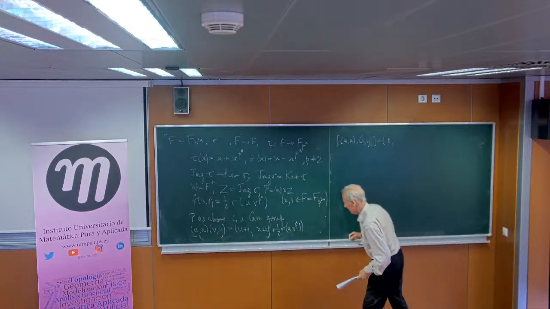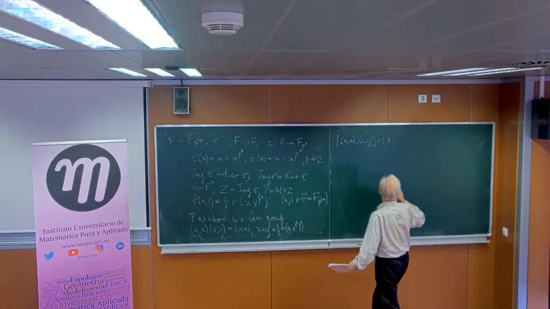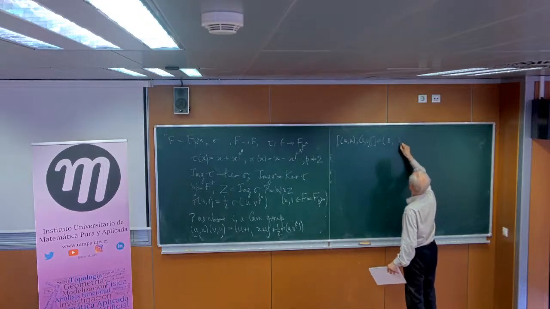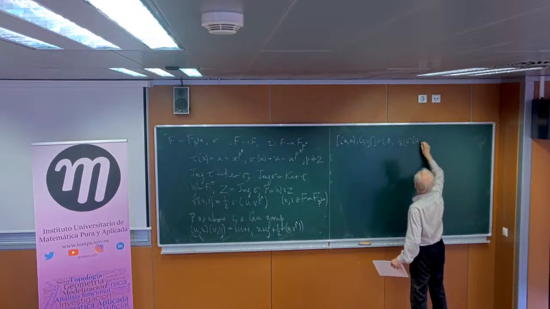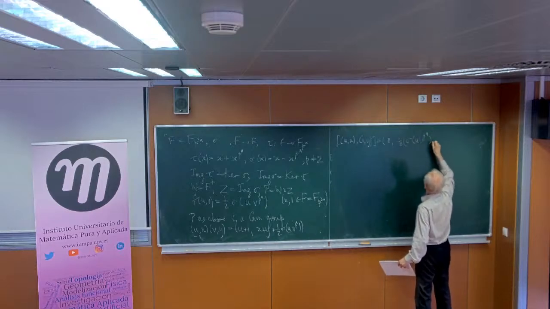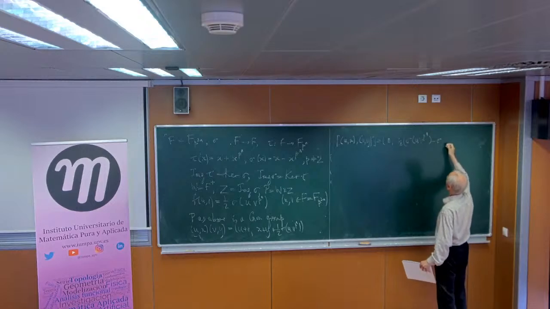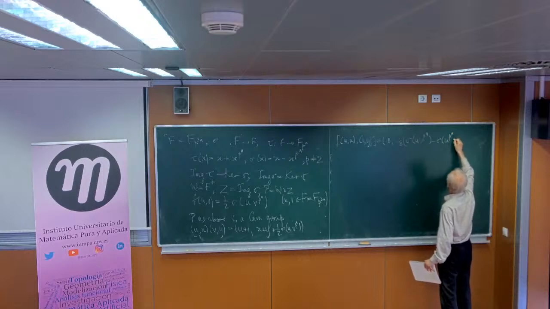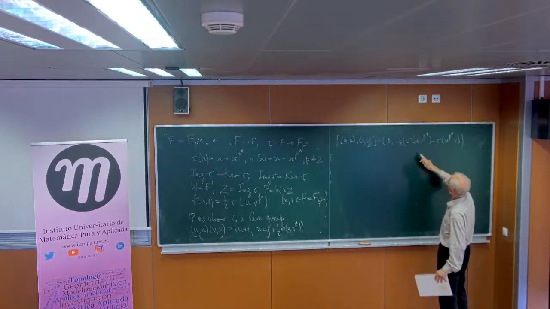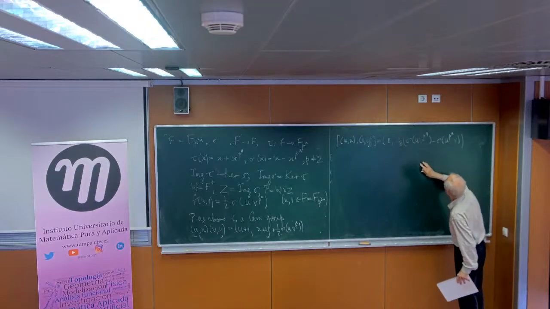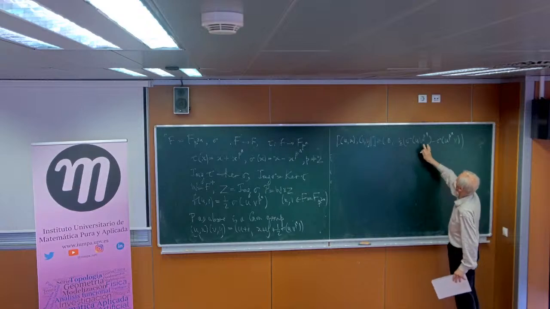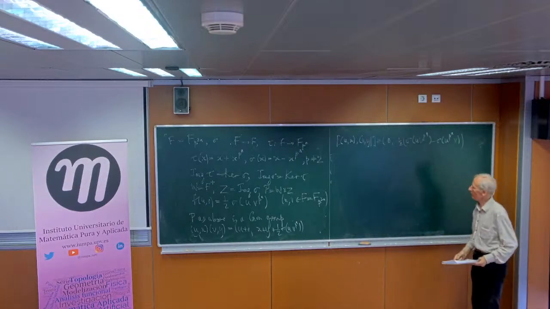So it's a half of sigma of U times V to the P to the N minus sigma of U to the P to the N times V, which is what happens when you swap the U and V. Yeah, okay.